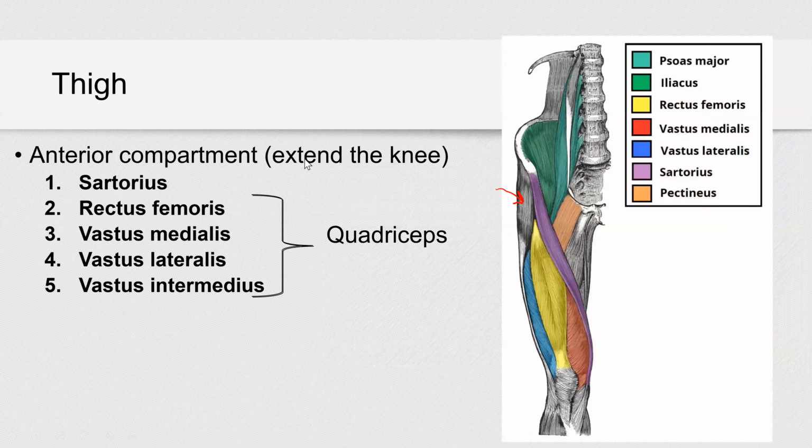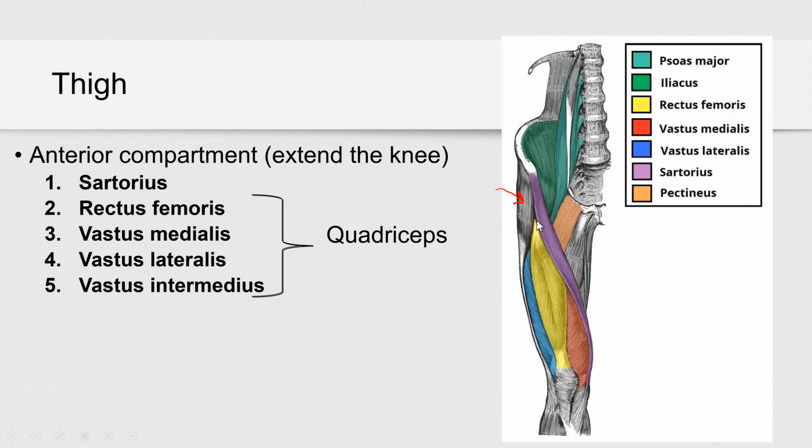Now we're moving to the thigh. The muscles of the thigh are divided into three compartments. We have the anterior compartment, posterior and medial compartment. Now on this picture, we have muscles of the anterior compartment highlighted in all these different colors.